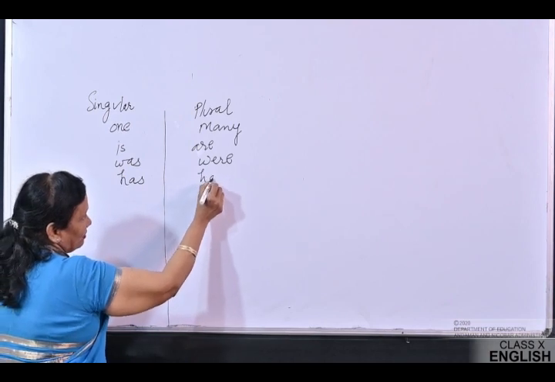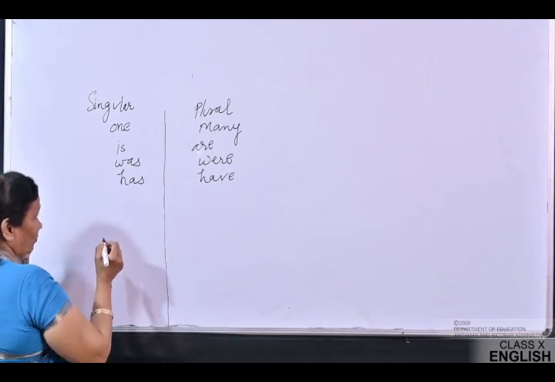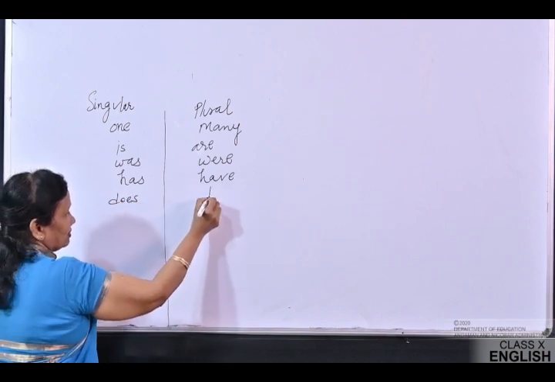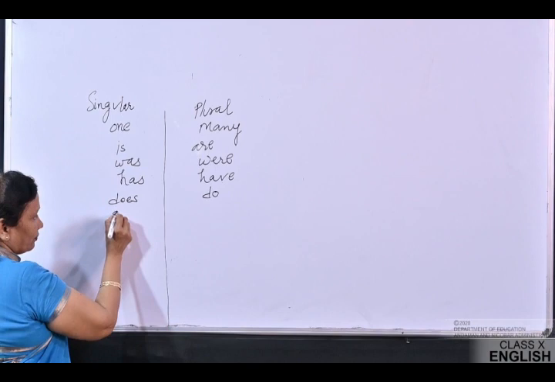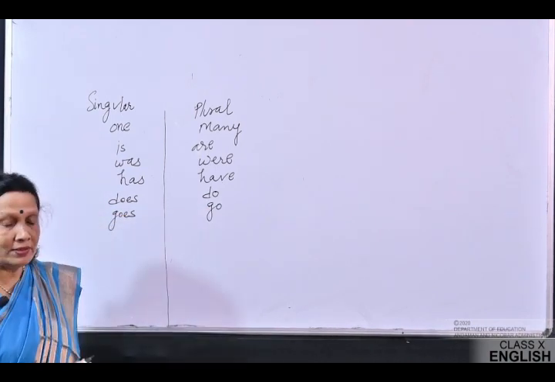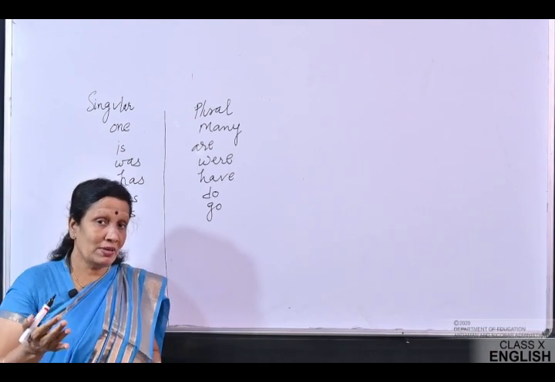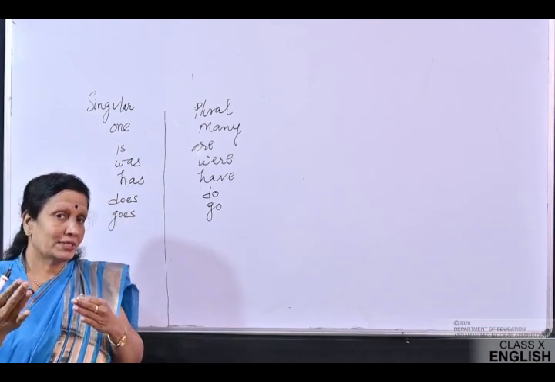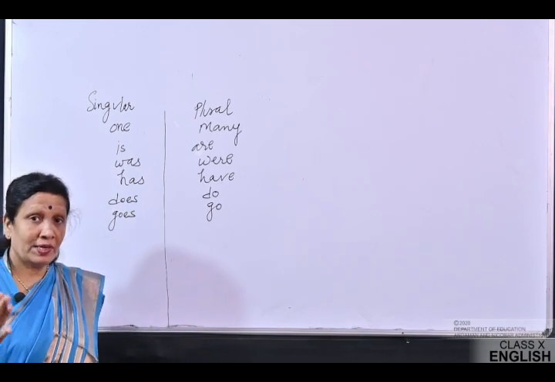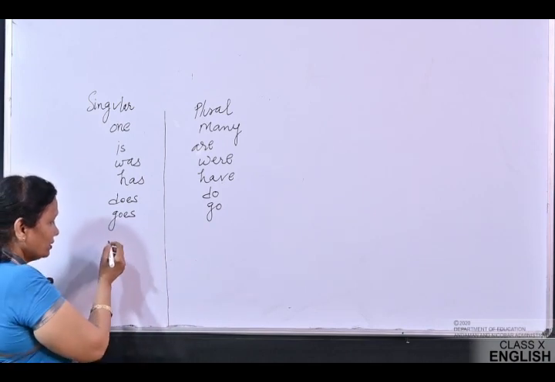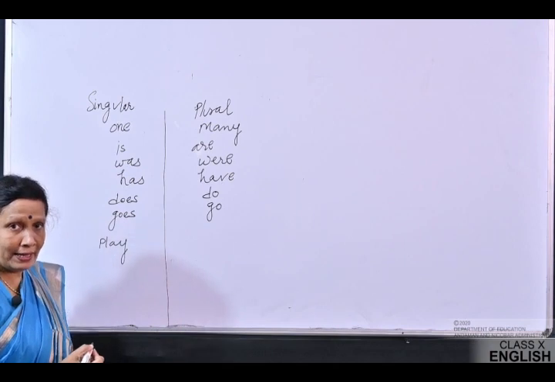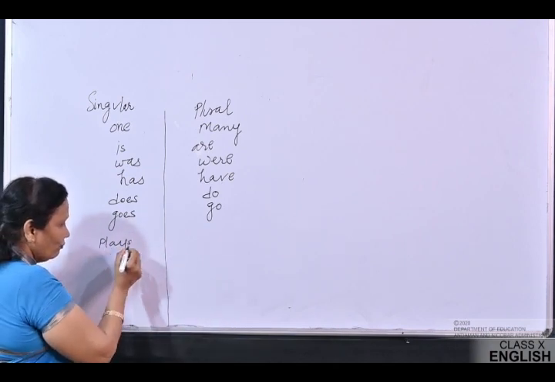Has, and here, have. For one person it is does, here it is do; goes, here it is go. Then when we looked at the table, where we even looked at the singular and plural verbs with different tenses, there we looked at, for example, the verb play: for singular you have plays.